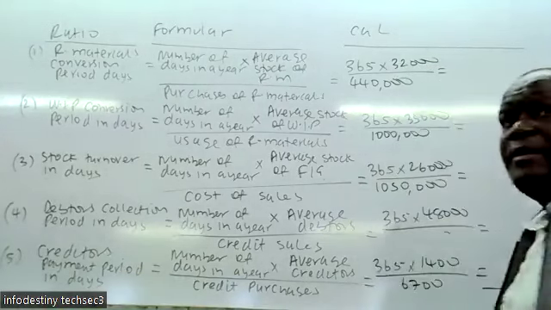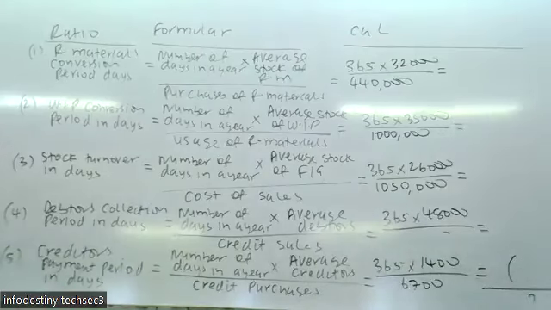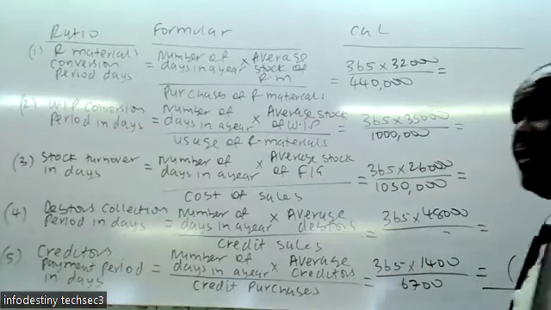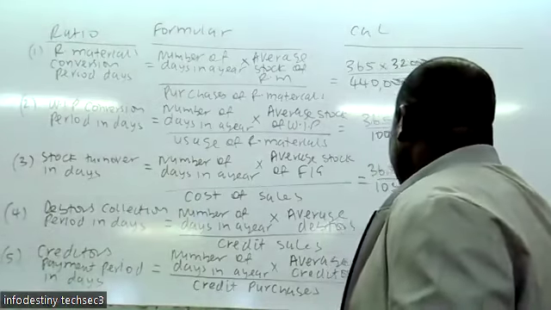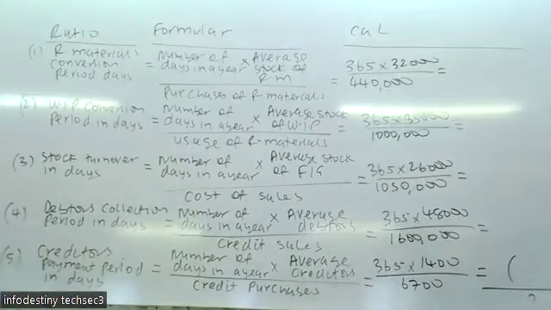Then sales, we assume all of them are on credit. So total sales, how much are we given down there as the sales for the year? You can see 1.6 million. So that is what we should be able to have for that particular portion.